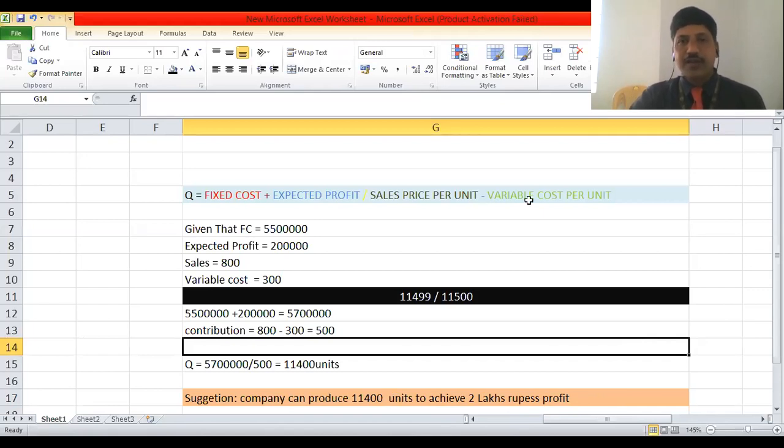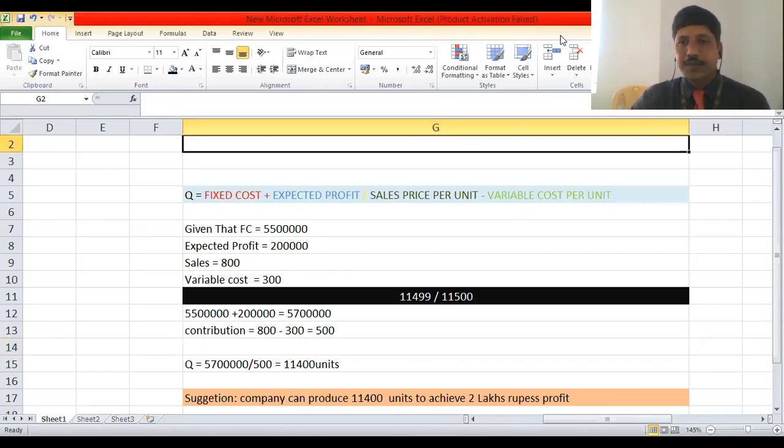Still anybody have any clarification in this? Did your doubt get cleared? Who are the two people who asked me about this? Please respond. Your doubt got cleared, Amma?